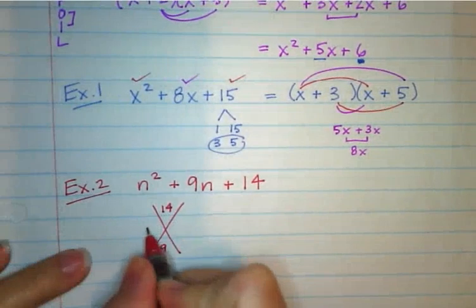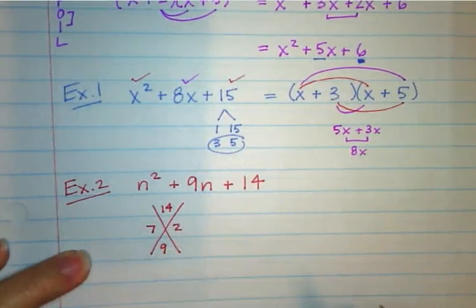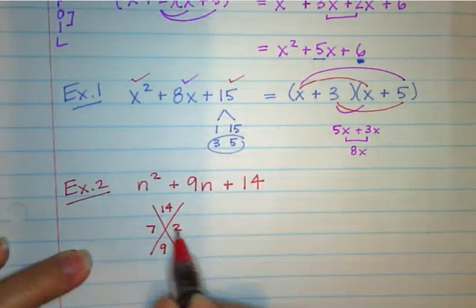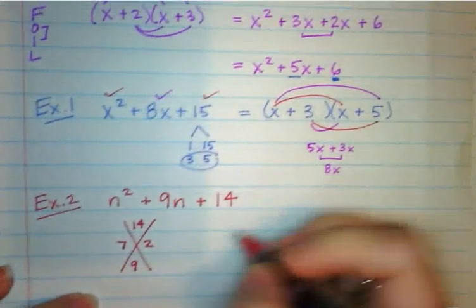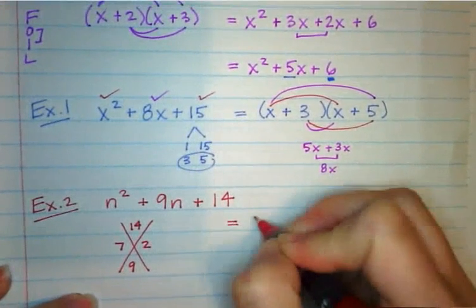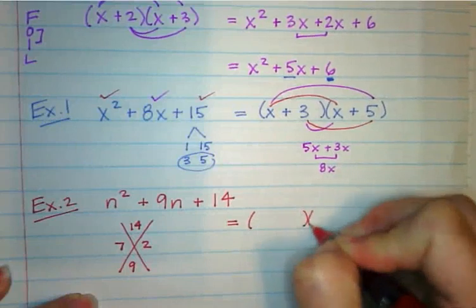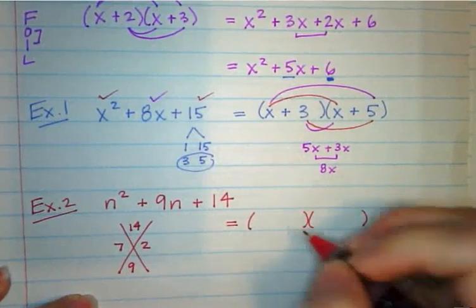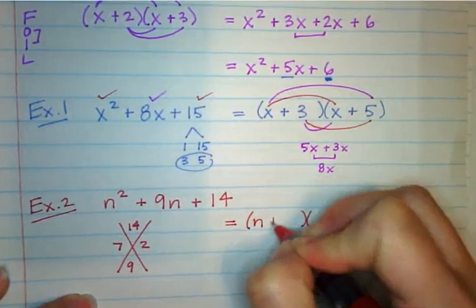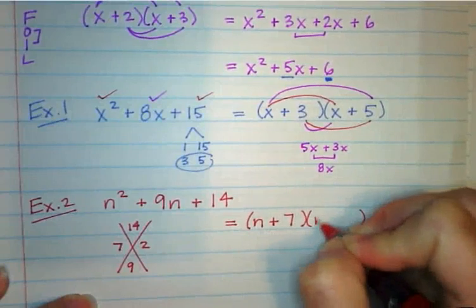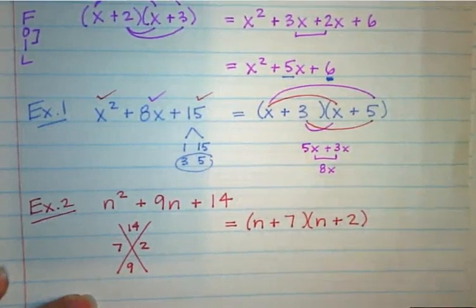And hopefully you're thinking of 7 and 2, because those add up to 9, but they multiply to be 14. So that tells me that these two binomials are going to be n plus 7 and n plus 2.